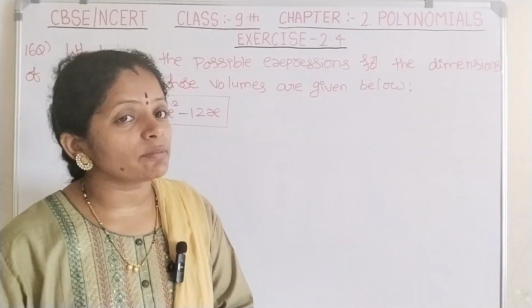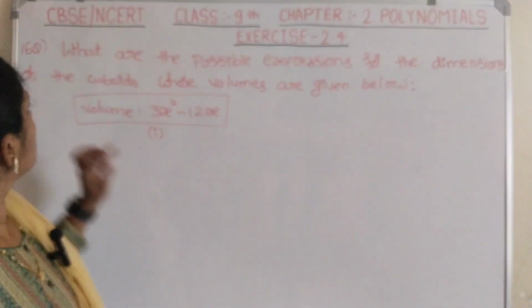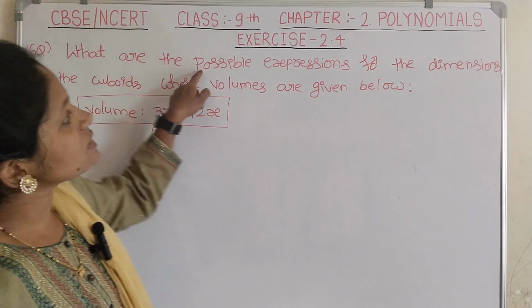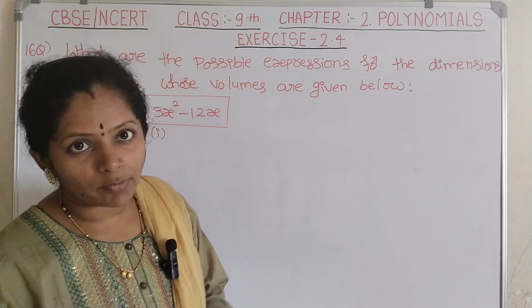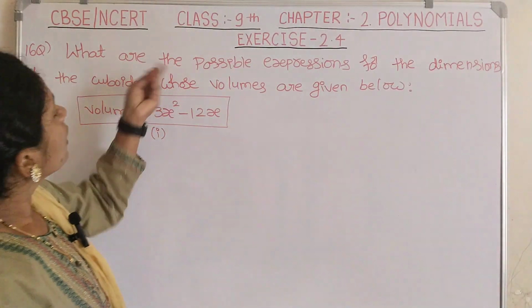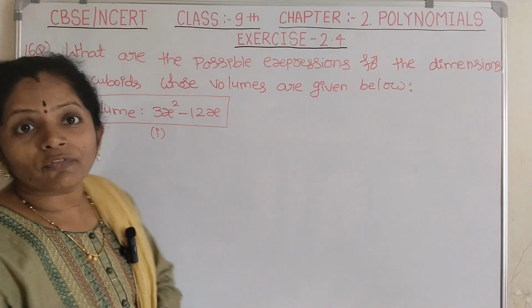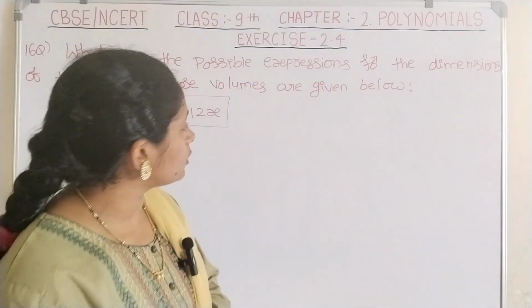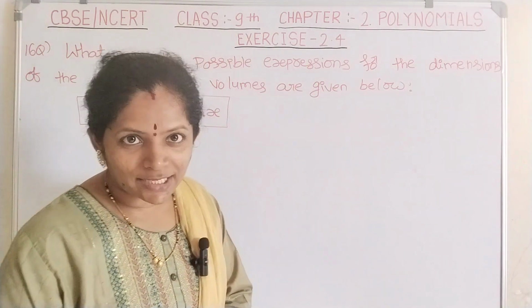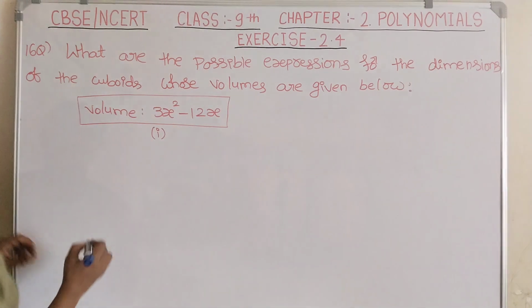Let's solve question number 16. What are the possible expressions for the dimensions of the cuboids whose volumes are given below? We know the volume of a cuboid. Do you know the formula of the volume of a cuboid? You learnt it in 8th standard also. We will revise it.